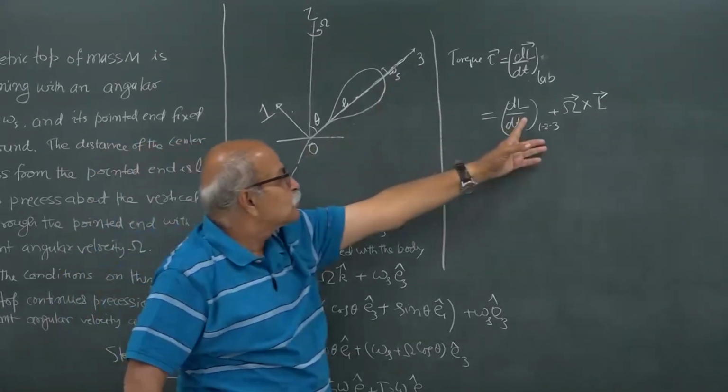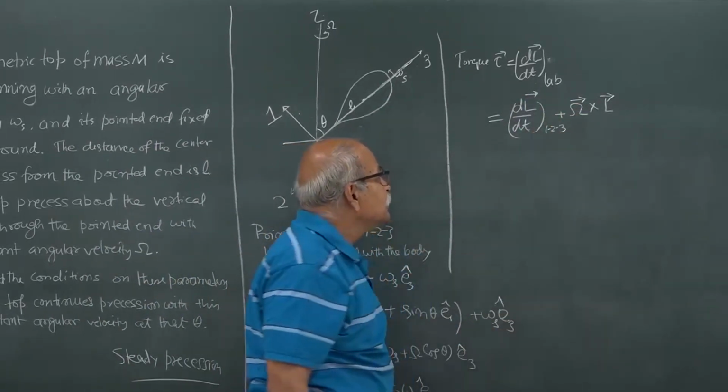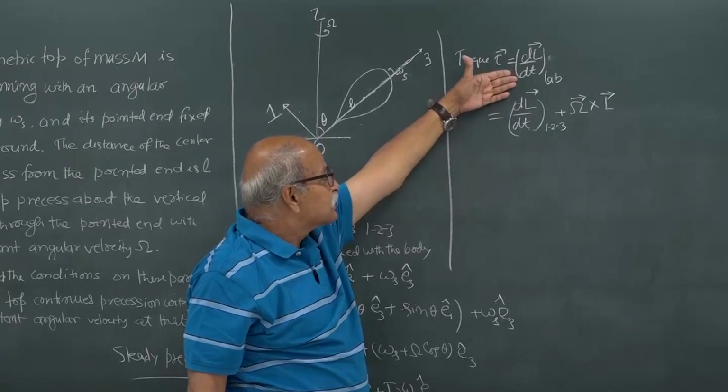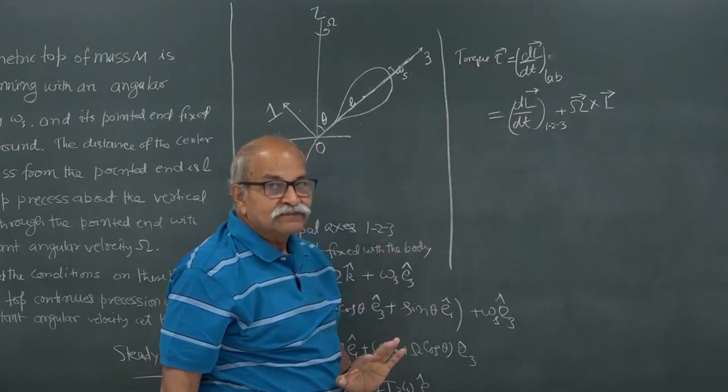So our frame is rotating at omega, and therefore that omega comes here, cross L. This is our lab frame or inertial frame. So this is our relation, that is what we will be using.